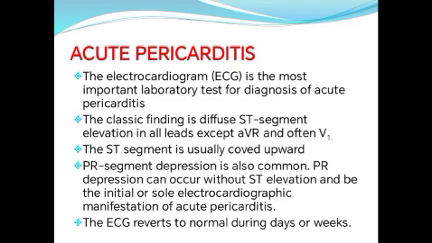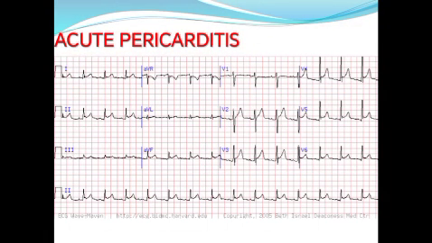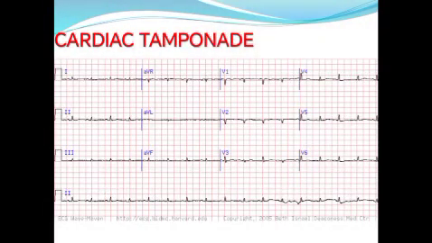It is concave upward, and PR segment depression is also common. These changes will revert to normal in maybe up to weeks. This is an example of pericarditis. We have diffuse saddle-shaped ST segment elevation.